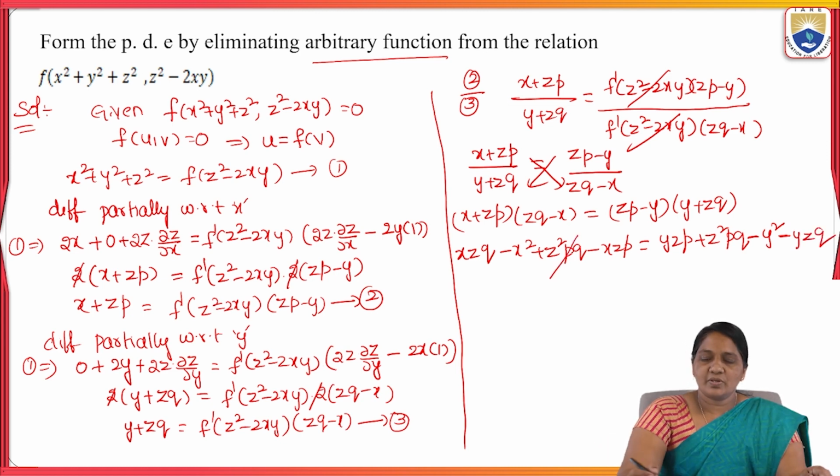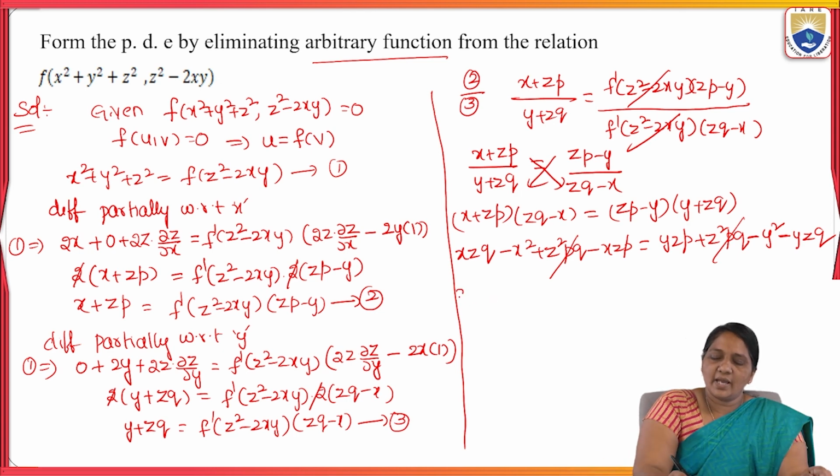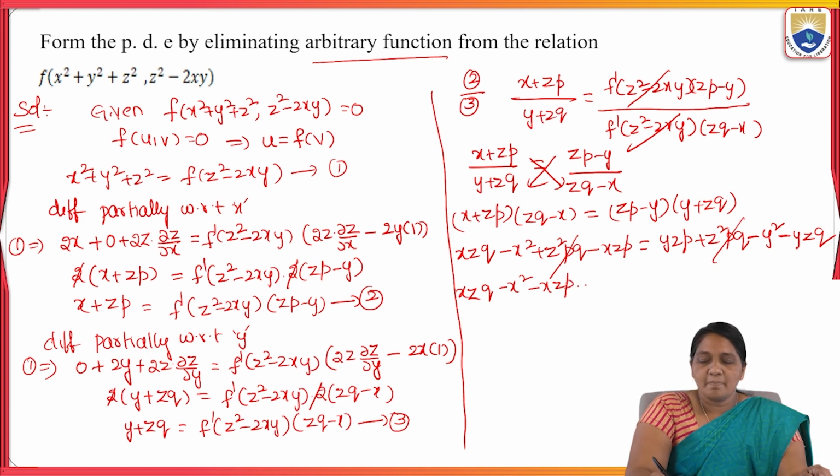So z square pq will be cancelled. So finally I am sending the remaining values to the left side. So xzq minus x square minus xzp. Now I am sending minus yzp plus y square plus yzq equal to 0.